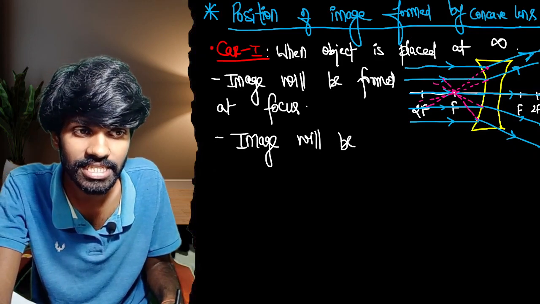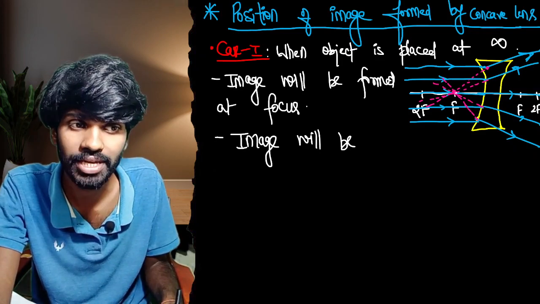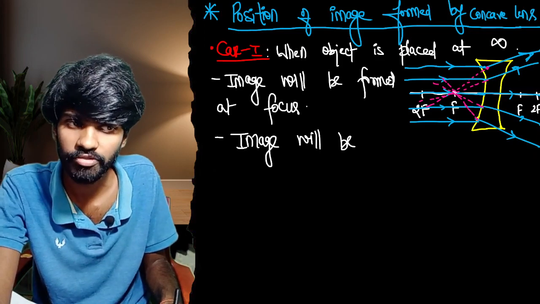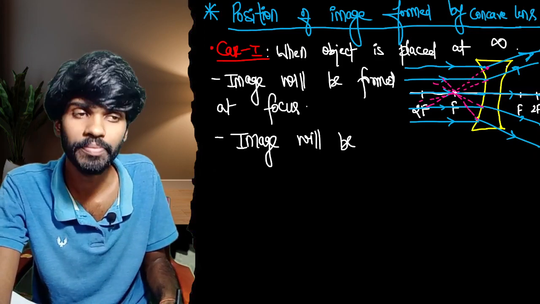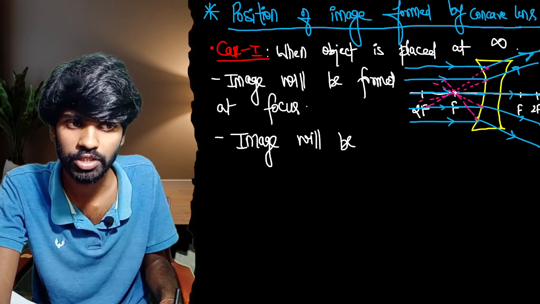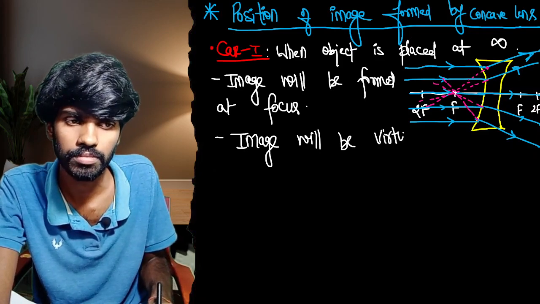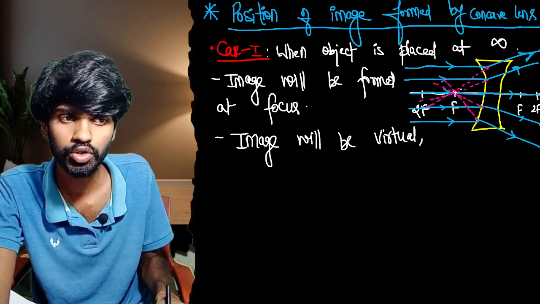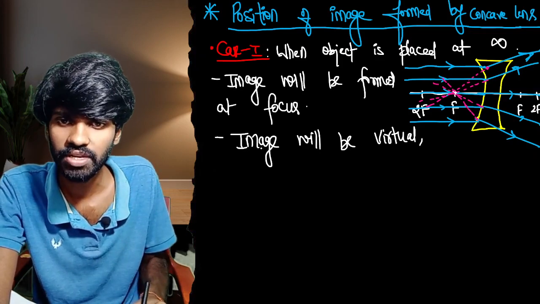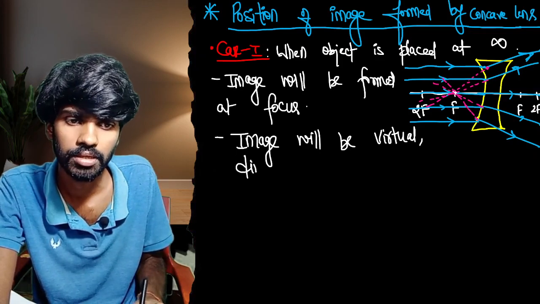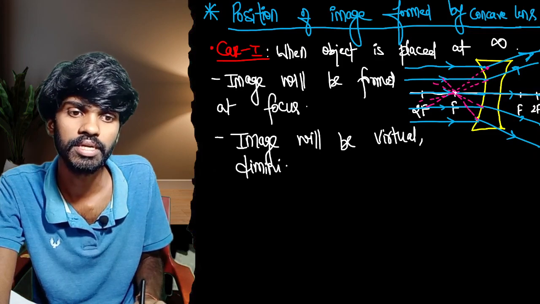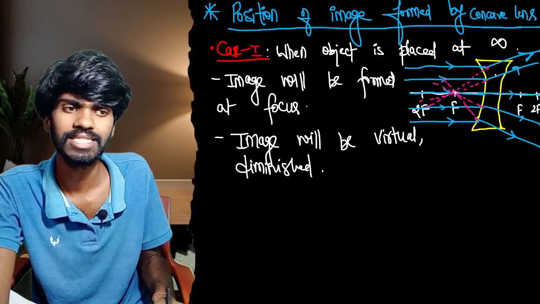But in this situation, these are not actually meeting at the point focus. They seem to meet at this point, so we will say that image will be virtual. And virtual, and similarly it will be diminished. Okay, this is the first case.